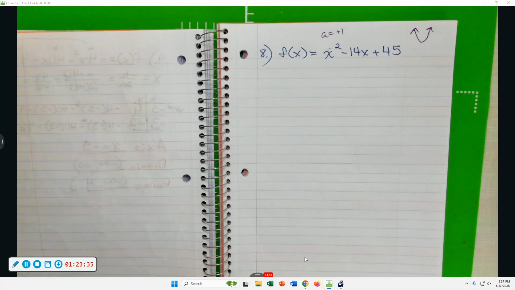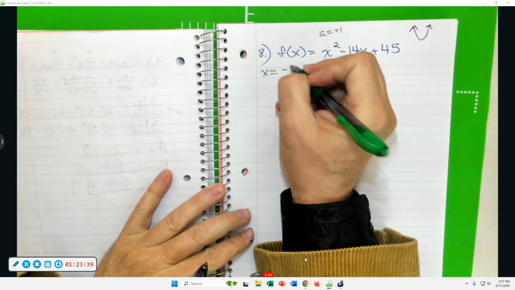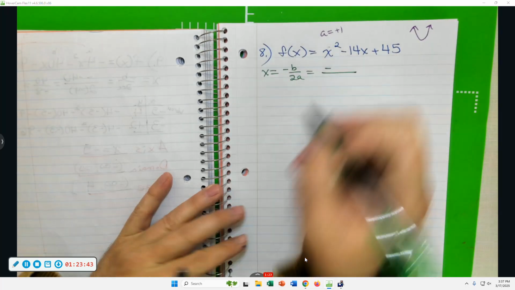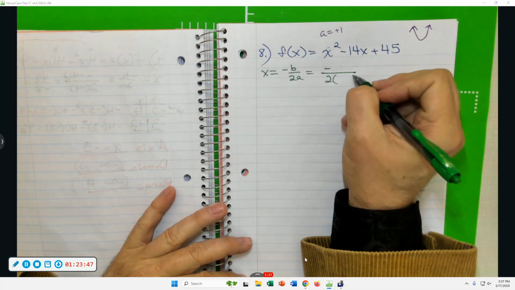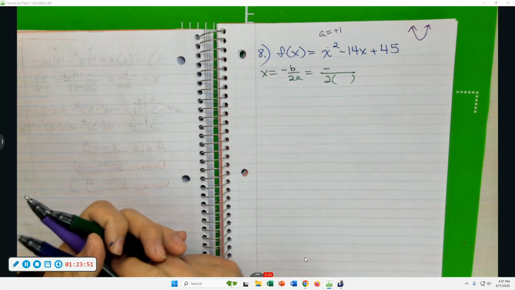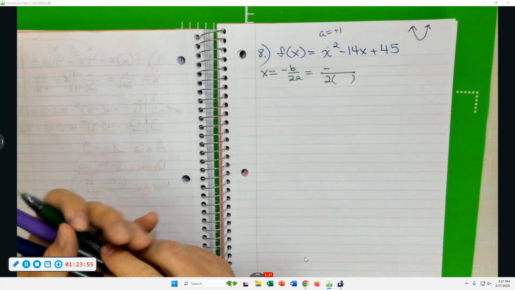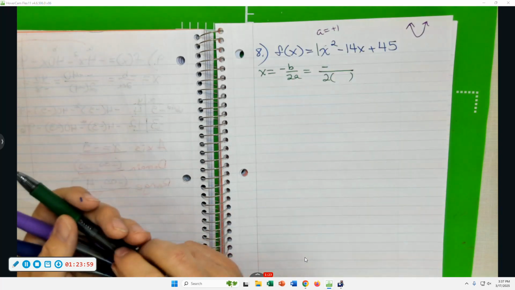Let's use our vertex formula. X equals negative b over 2a. And let me put my little 2 there. What's my b value? Looking at the original problem, remember a is a positive 1. What's b?